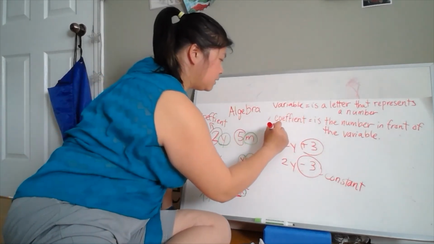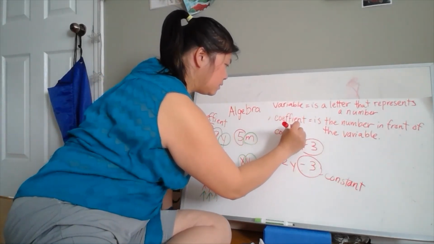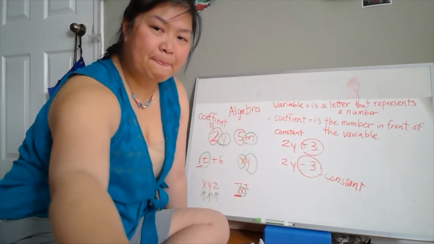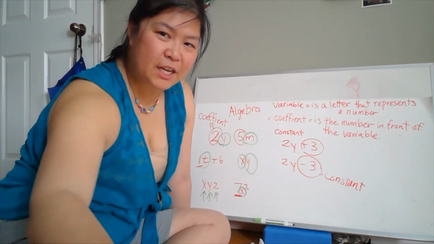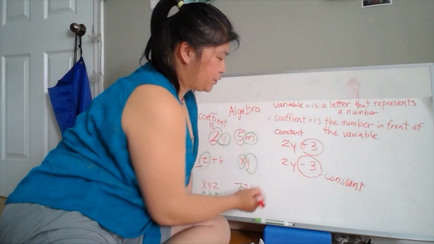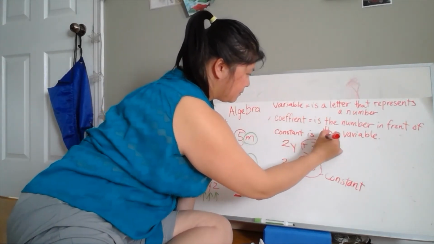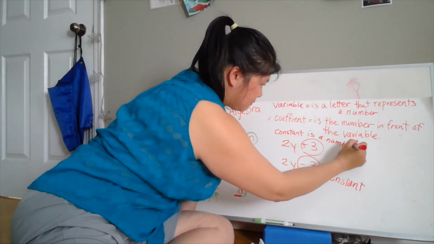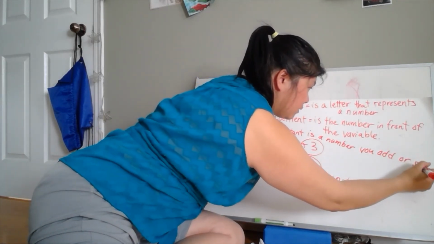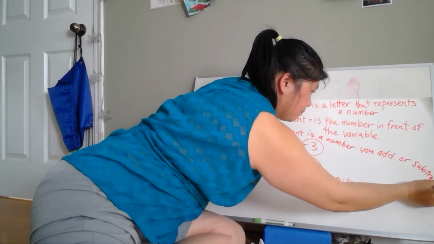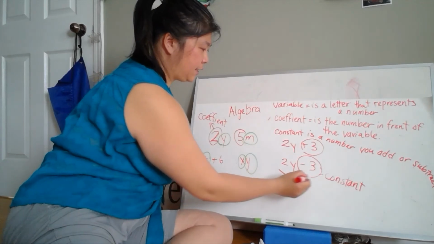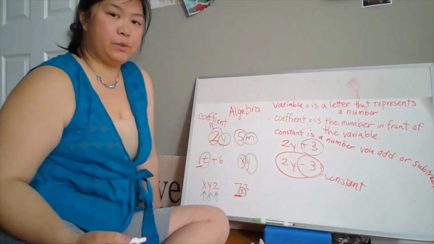A constant is a number that you would add or subtract. Therefore, this here as a whole is called an expression.